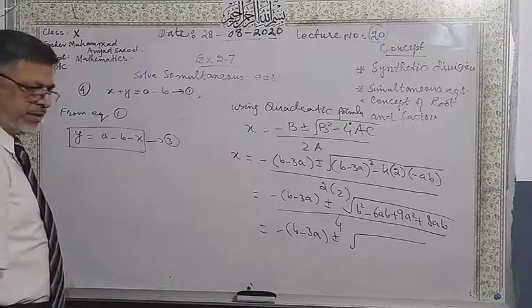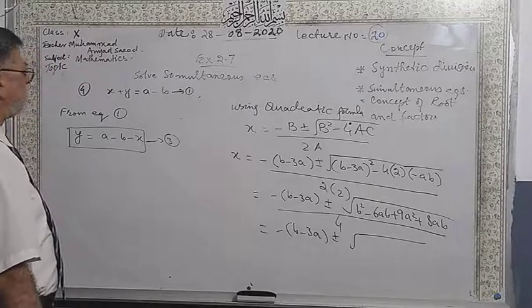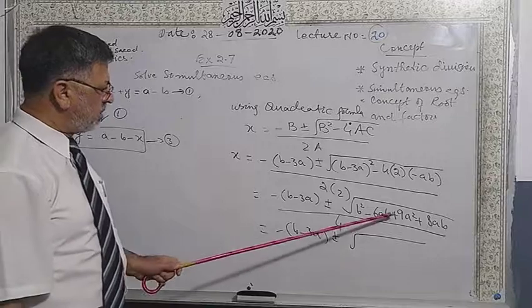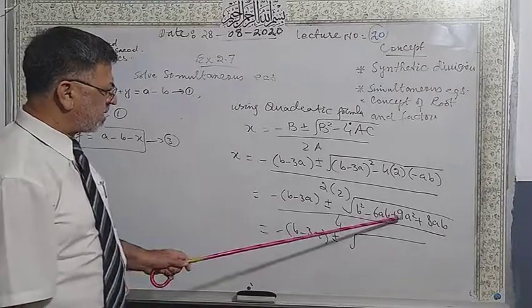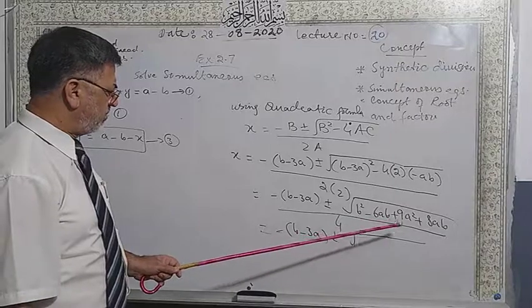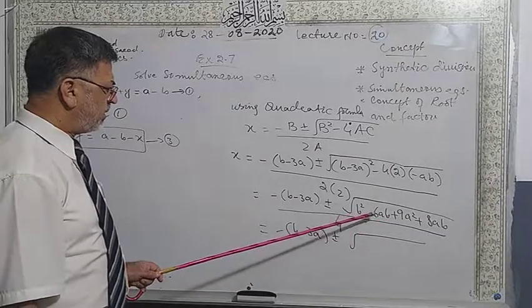It is b minus 3a. Okay, so this is 9a square plus 2ab.